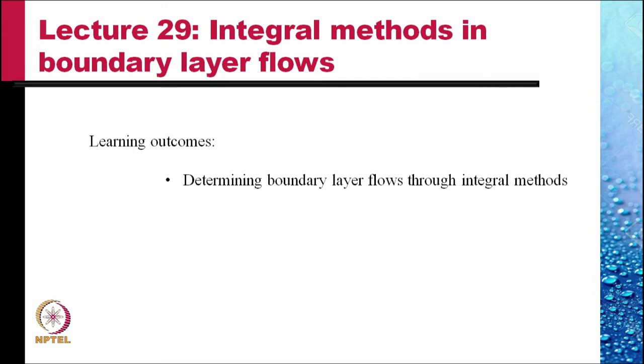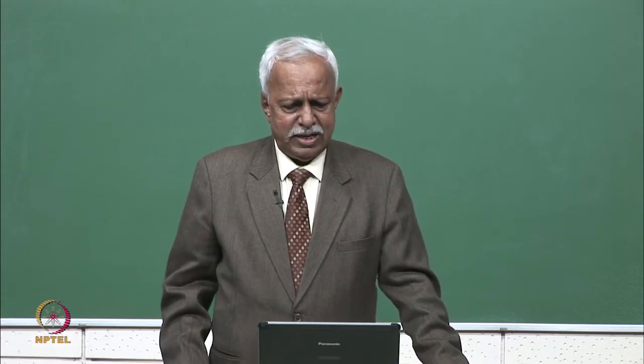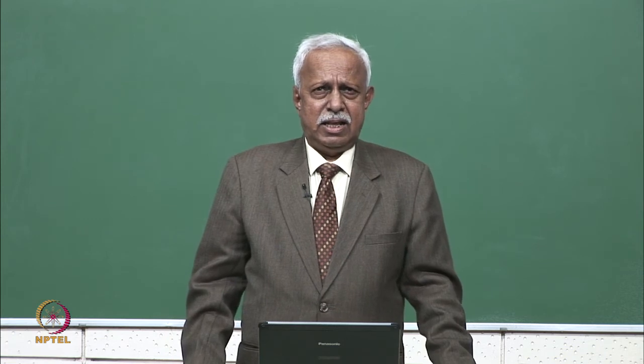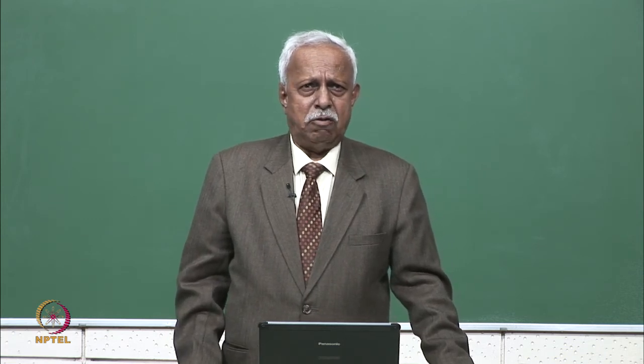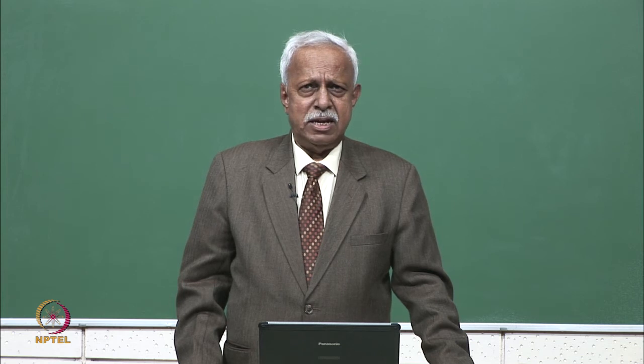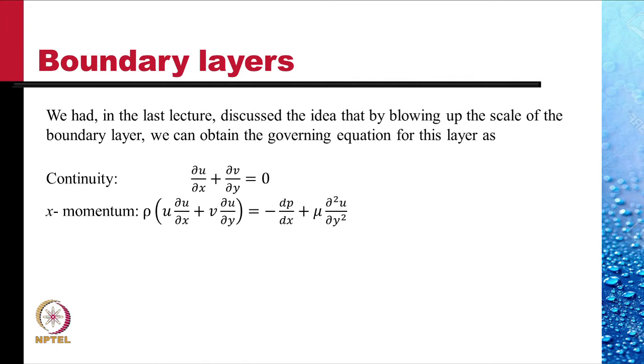Welcome back. We had in the last lecture discussed the idea that by blowing up the scale of the boundary layer, we can obtain the governing equation for that layer as ∂u/∂x + ∂v/∂y = 0 for the continuity equation, and for the momentum equation ρ(u ∂u/∂x + v ∂u/∂y) = −dp/dx + μ ∂²u/∂y².